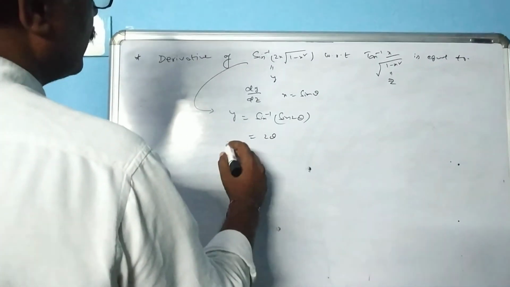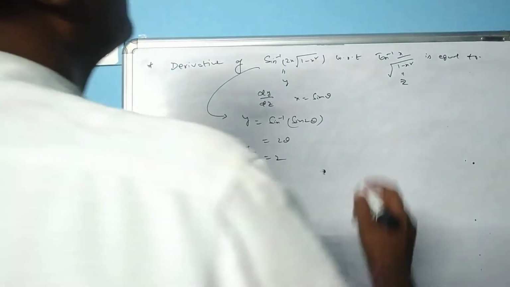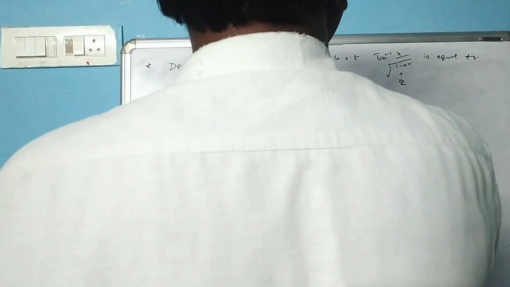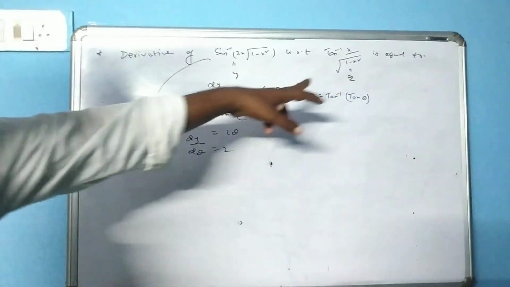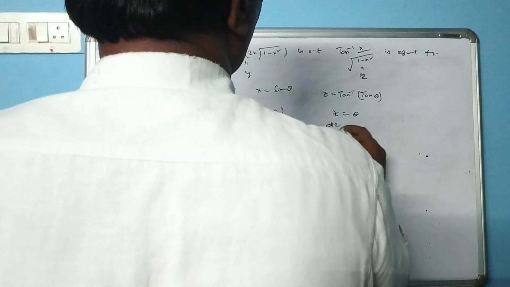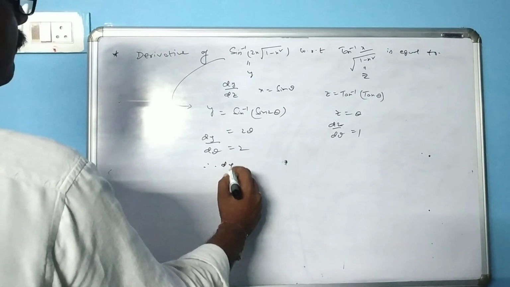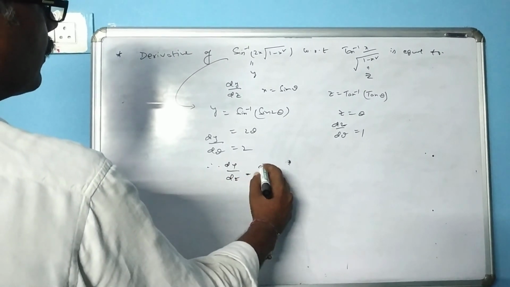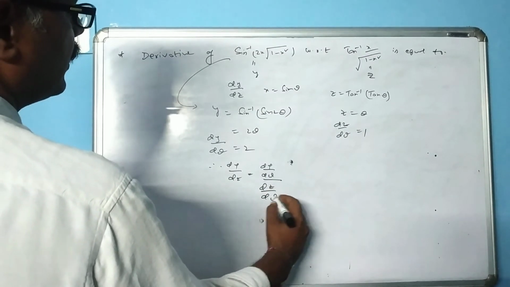Therefore dy/d theta is equal to 2. In this case, z = tan^(-1)(tan theta), which becomes theta, so dz/d theta is equal to 1. Therefore dy/dz = (dy/d theta) / (dz/d theta), which is equal to 2.